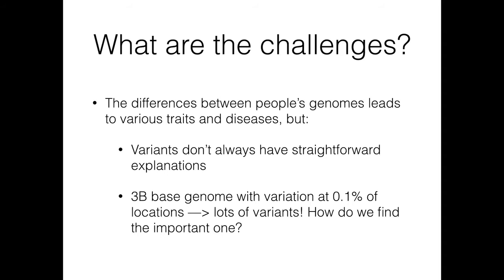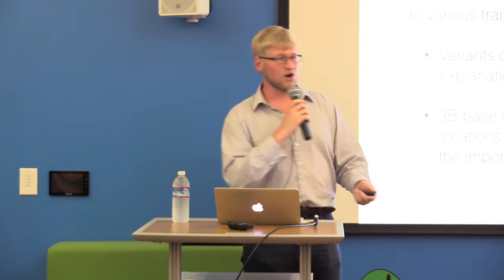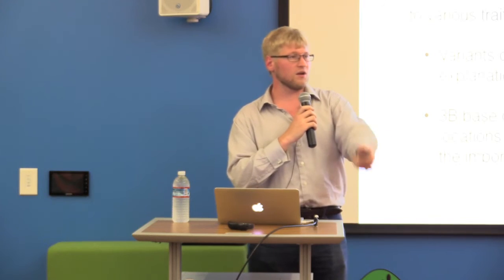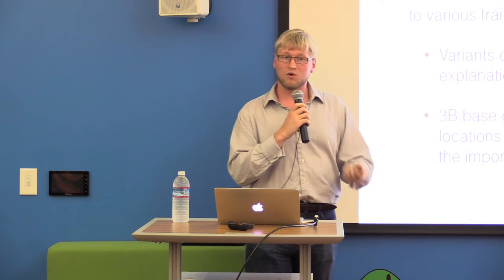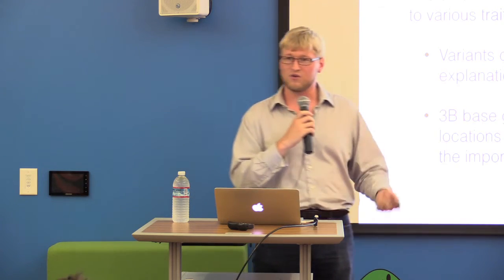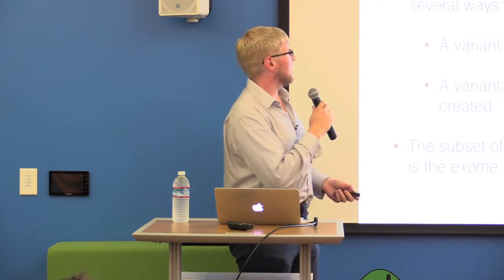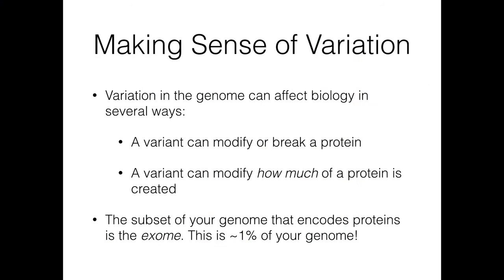So what we wind up with is this challenge of how do we find which variant is important? How do we say, this deletion that occurs at base 300,000 in chromosome 10 is why you are 10% more likely to get Alzheimer's over the course of your life? The big question is how we can make sense of this variation.